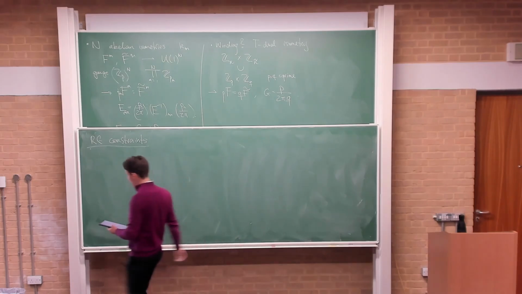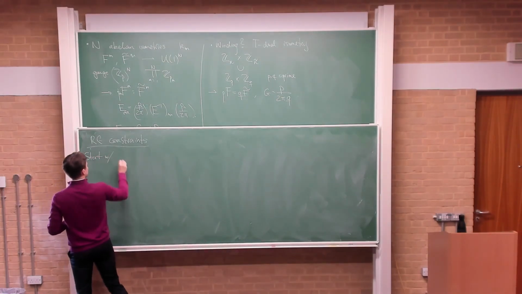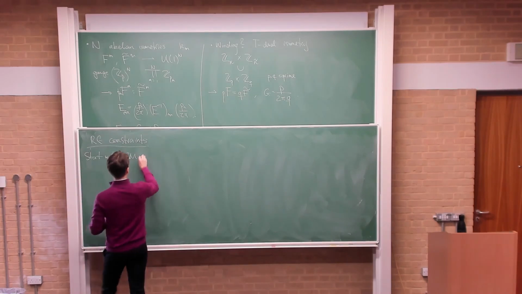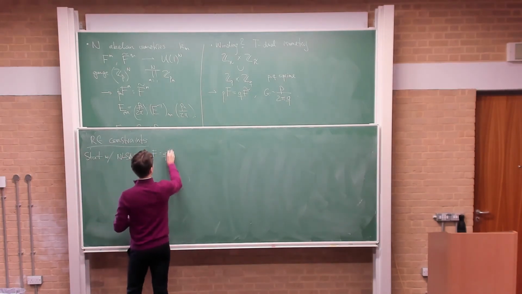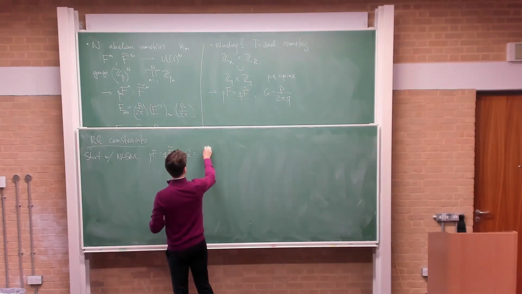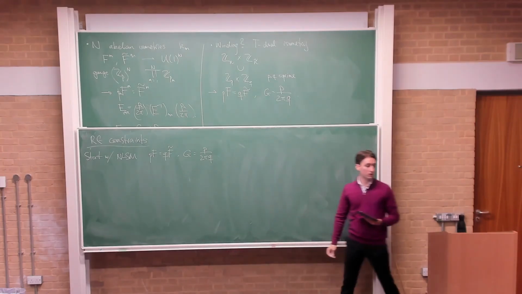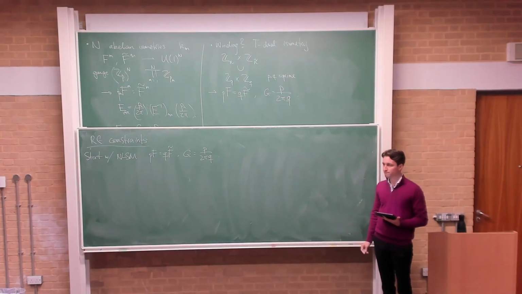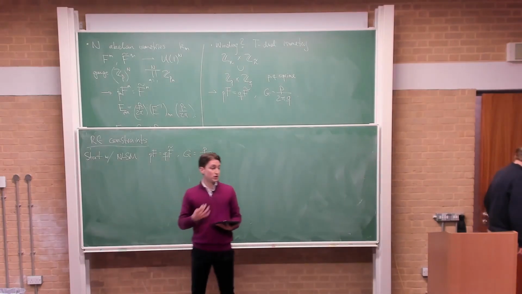So in particular, if I start with a nonlinear sigma model such that Pf equals Qf tilde and G equals P over 2 pi Q, then I know it admits one of these non-invertible self-duality symmetries. Okay? And I should expect that under RG, that symmetry is not broken.